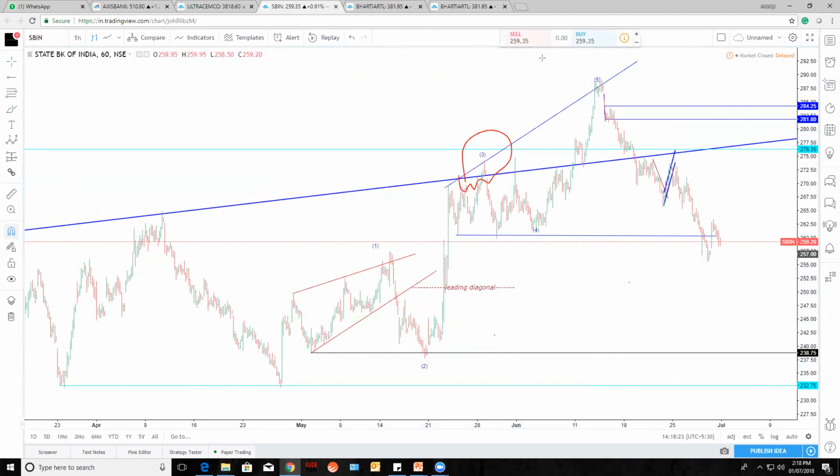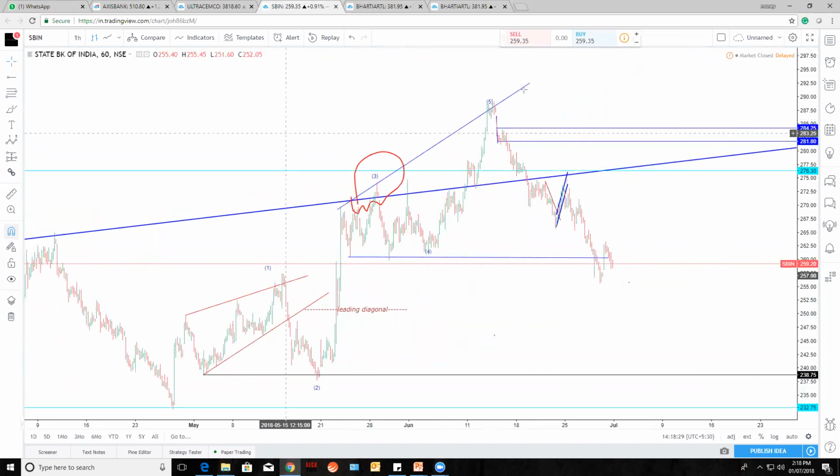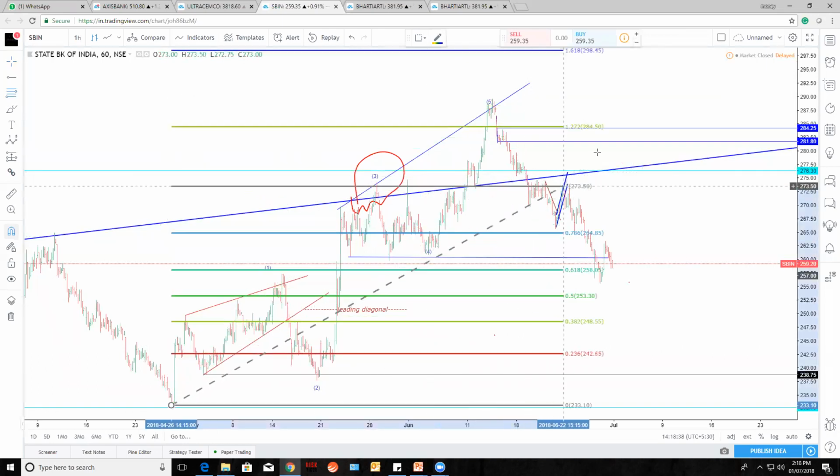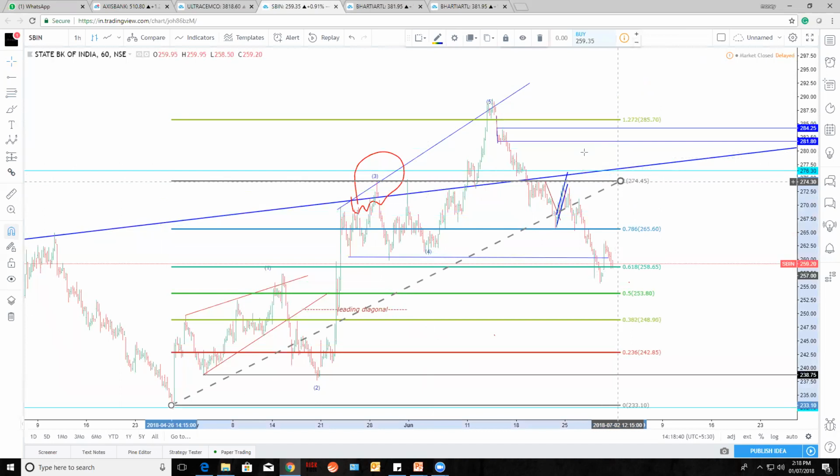After this, it needs to go at least to 1.272%. If you are counting from 0 to 3, it has to go to a 1.272% minimum target.